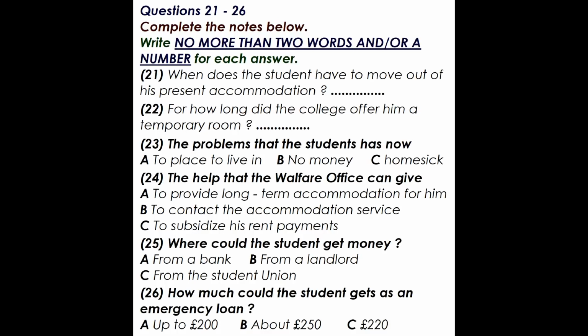You will hear a conversation between Caesar and a welfare officer. As you listen, answer questions 11 to 20. First, you have some time to look at questions 21 to 26.